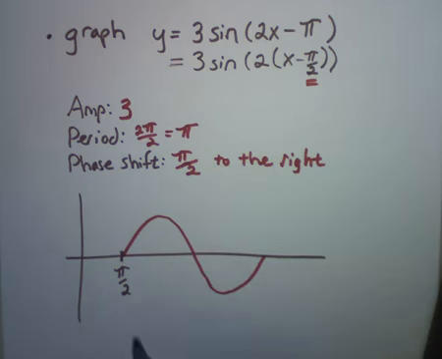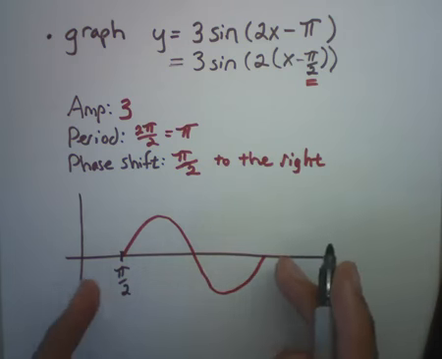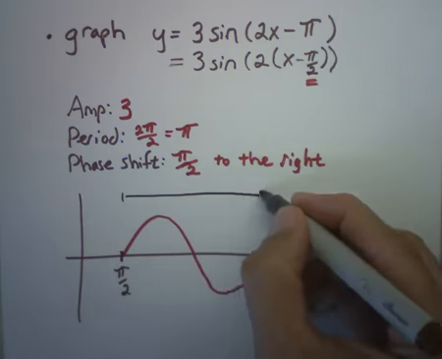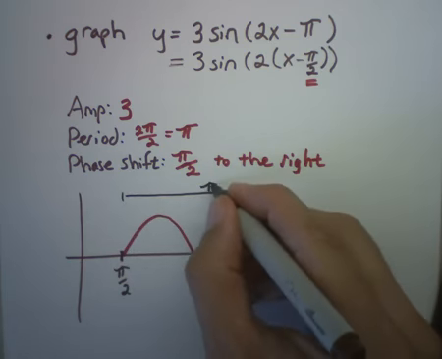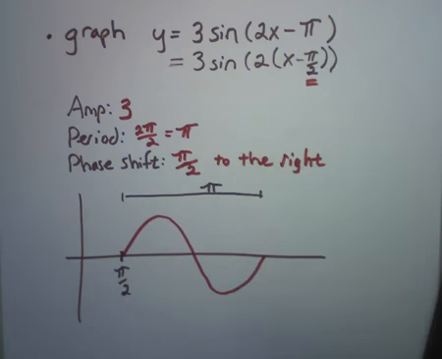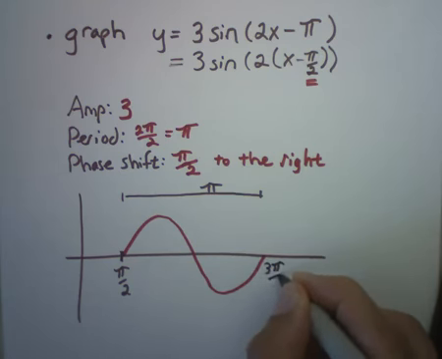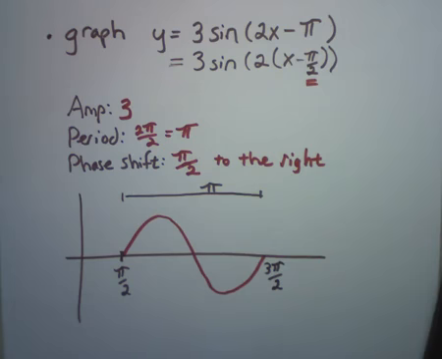then if the period starts here at pi over 2, it'll end one period later. So from pi over 2 plus pi is 3 pi over 2. So there's the beginning and the end of the period.